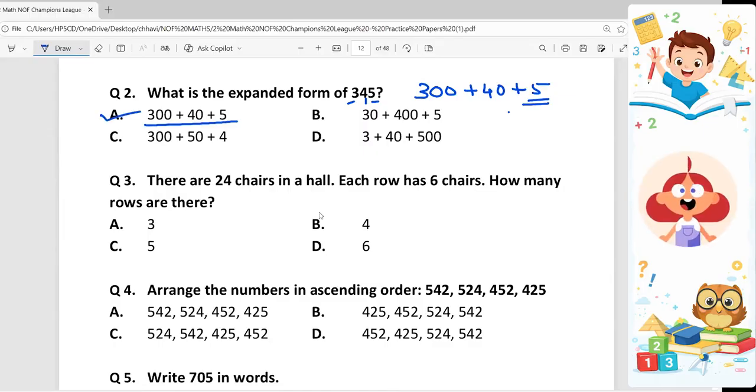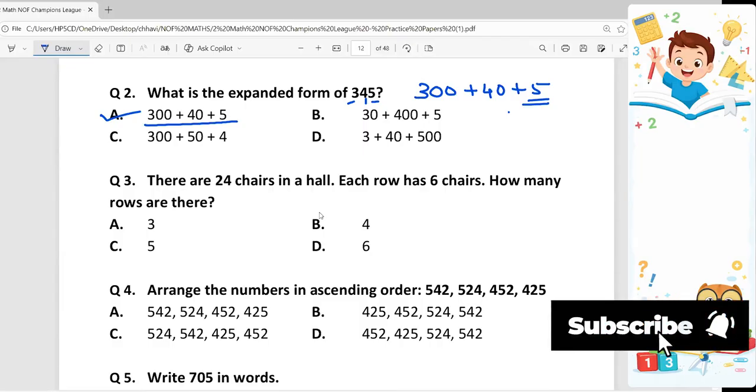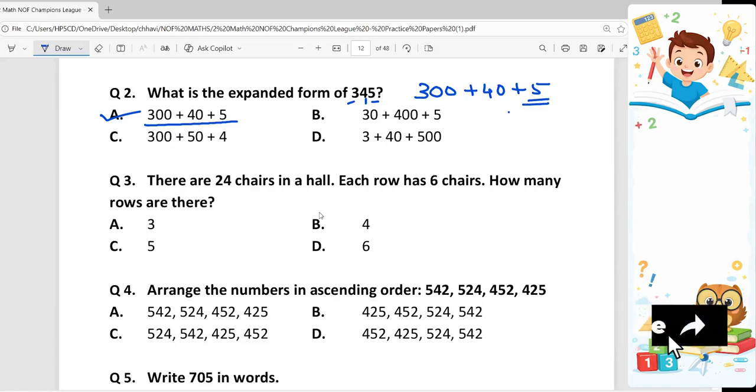Question number 3. There are 24 chairs in a hall. Each row has 6 chairs. How many rows are there? So we will divide 24 by 6 to find the number of rows.